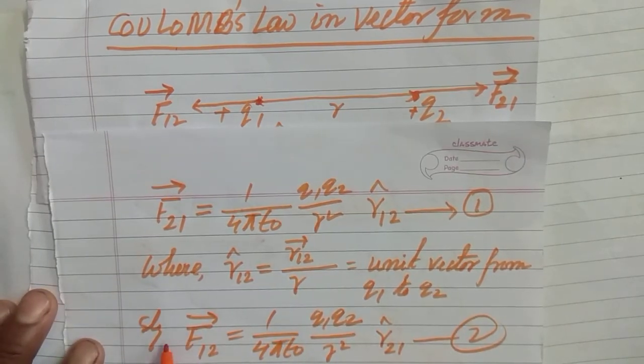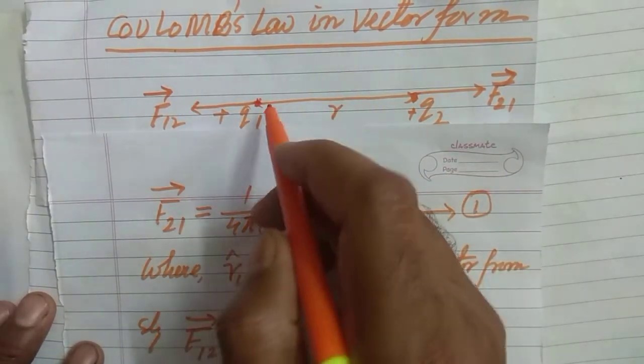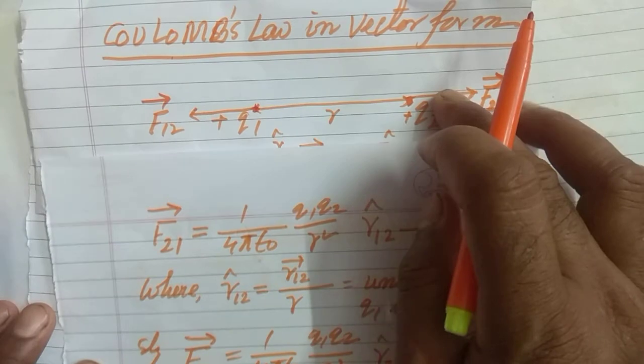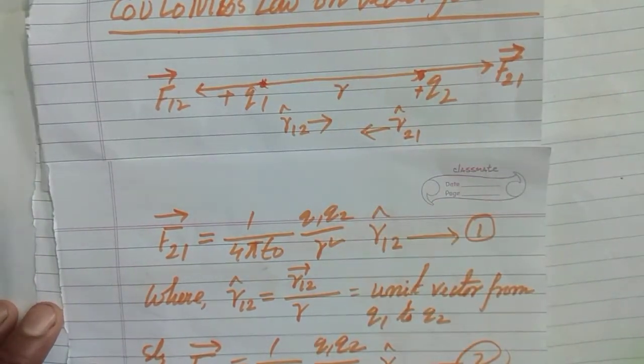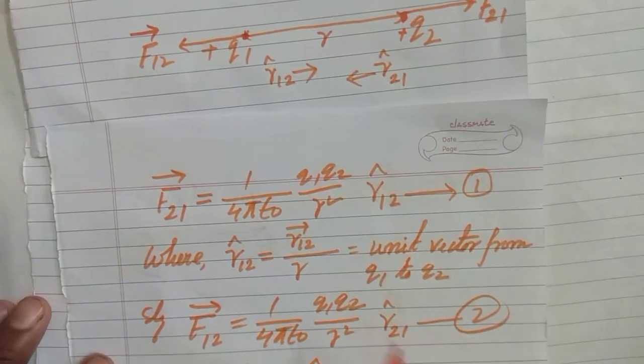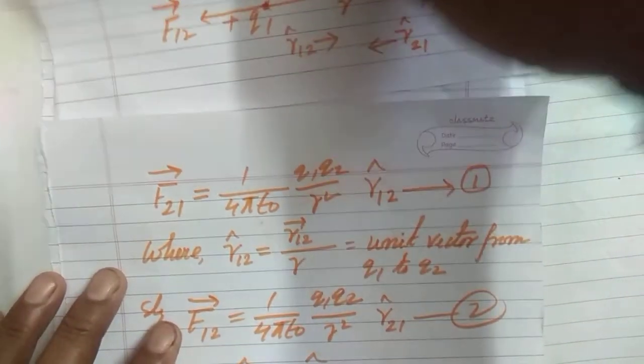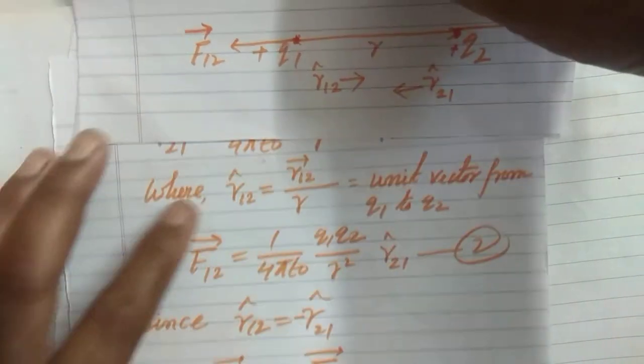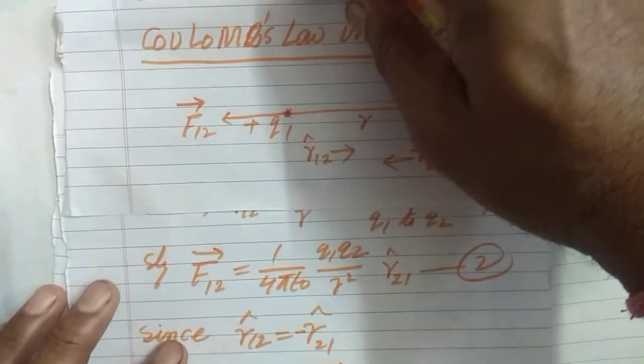Similarly, one can write Coulomb's law for the force on the first charge due to the second one. That one, of course, you can see here. F12, is it not?